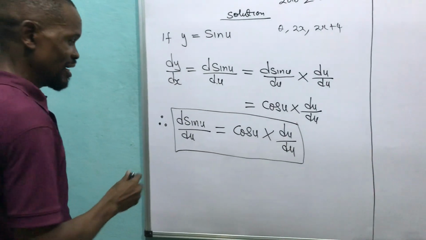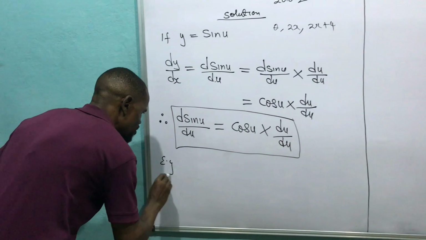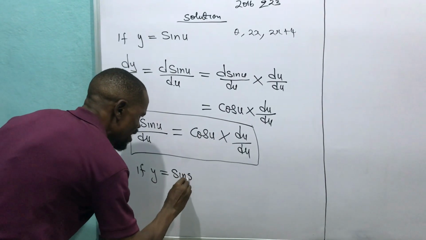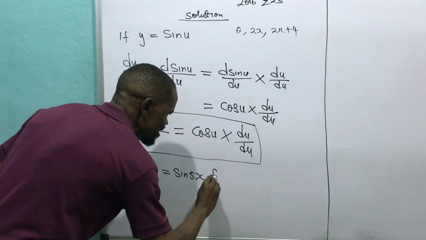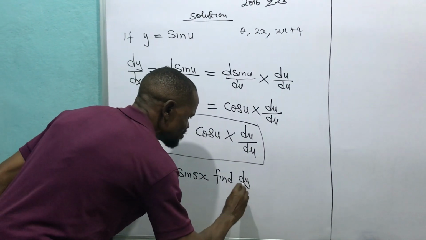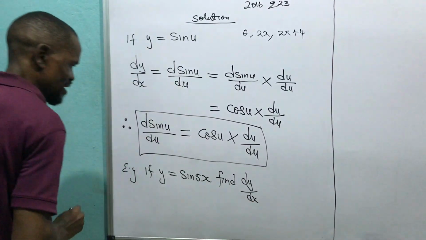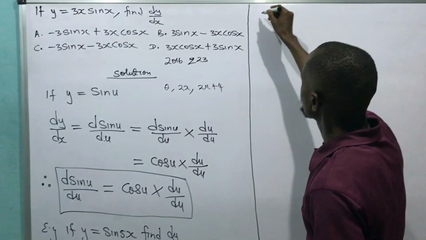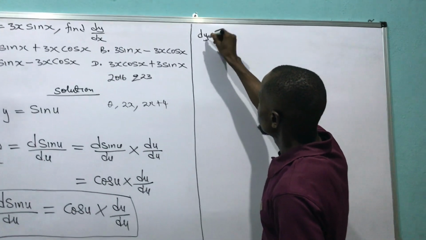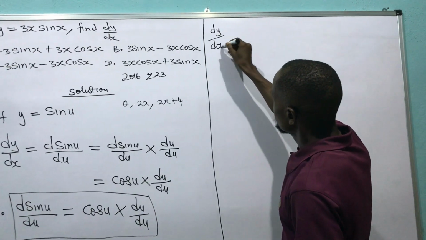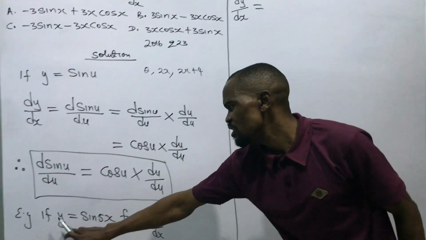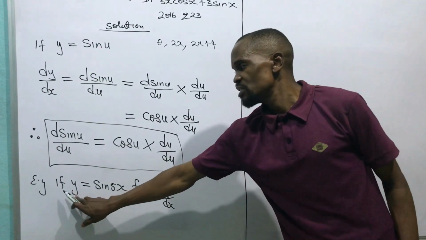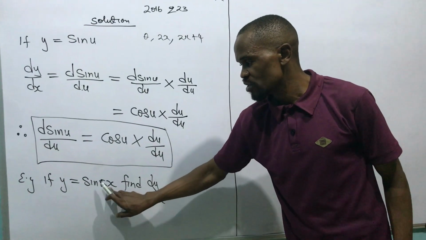This is the format. Let's see an example. If y is equal to sine of 5x, find dy/dx. Here, dy/dx means I'm differentiating y with respect to the angle x.